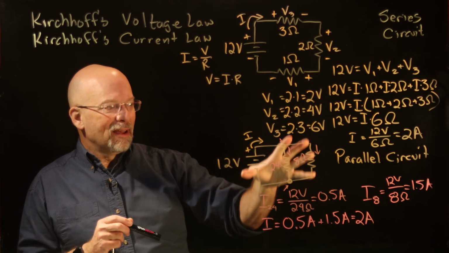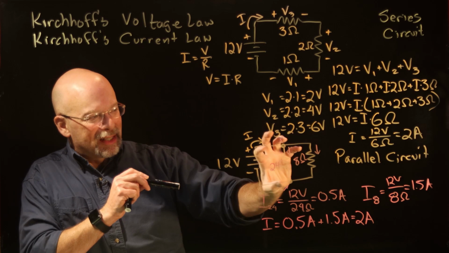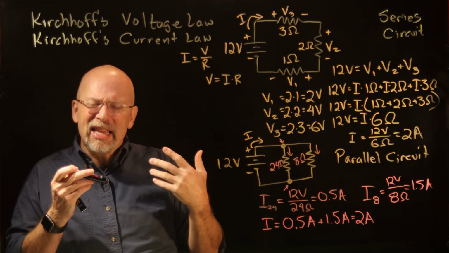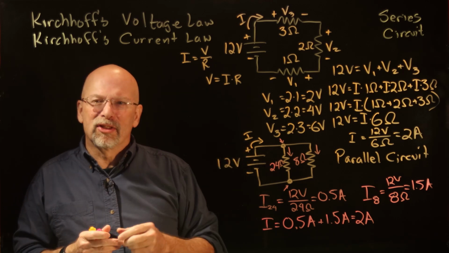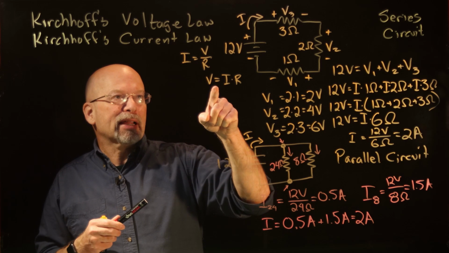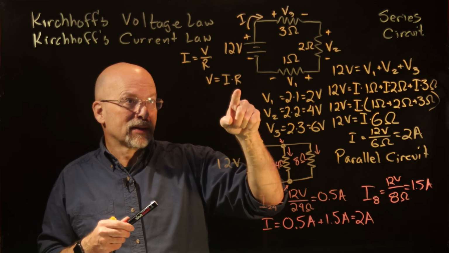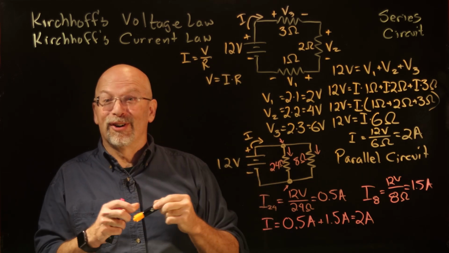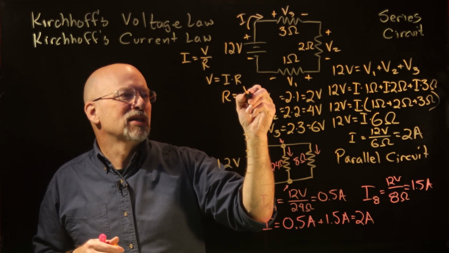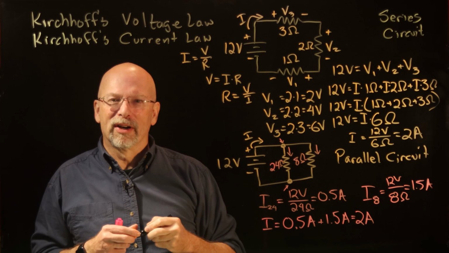Now, if we consider these two resistors to be in a black box, what does it look like? What is the effective resistance that the 12 volt battery sees? Well, we go to the third version of Ohm's law, which says that resistance is equal to voltage divided by current.